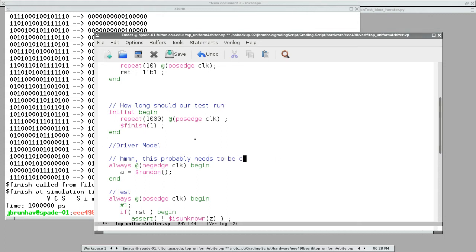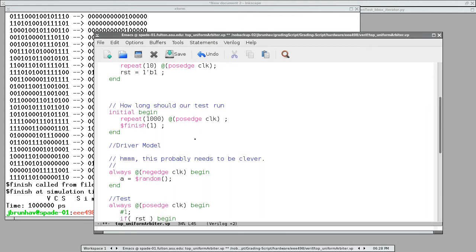Period. And so we should think of a worst case scenario. Try and think of a scenario where it's unlikely that we're going to do well.